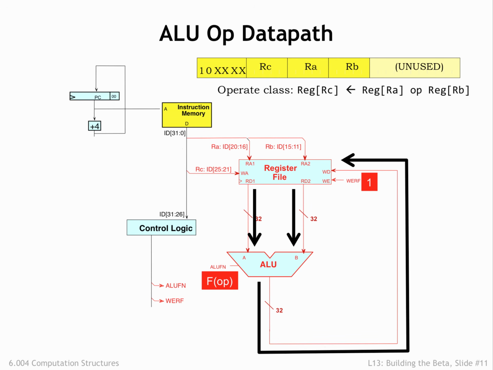The result of the ALU's computation is sent back to the register file to be written into the RC register. Of course, we'll need to set WRF to 1 to enable the write. Here we see one of the major advantages of a reduced instruction set computer architecture. The data path logic required for execution is very straightforward.